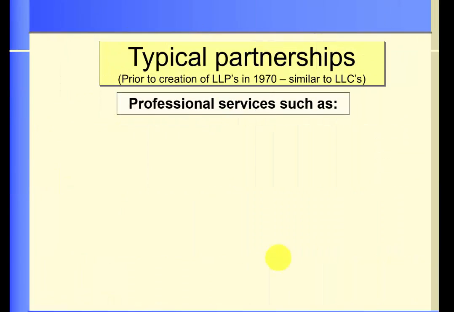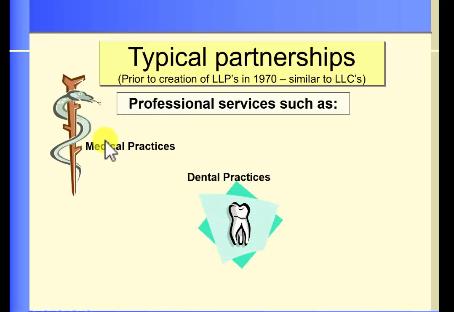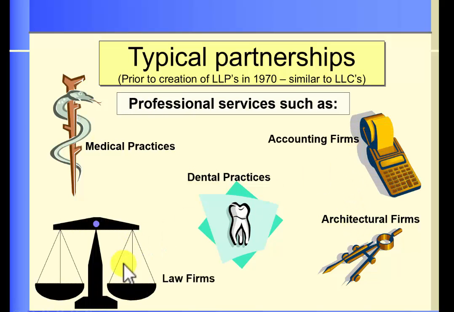Okay, so now we go on to typical partnerships, and this shows medical practices, dental practices, architectural firms, accounting firms, law firms. These were typical partnerships for years and years until around 1970, when most of the states passed legislation and created another business entity called LLCs.